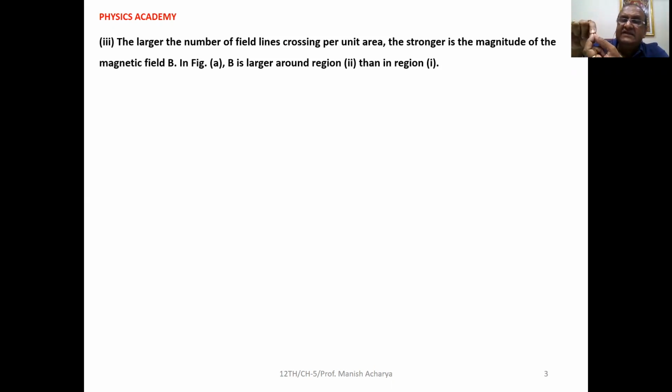And if the number of field lines passing through the area considered at a point is very less, then the magnetic field strength is weak. So the number of field lines passing through unit area normal to it at any point gives you the magnetic field intensity at that point.